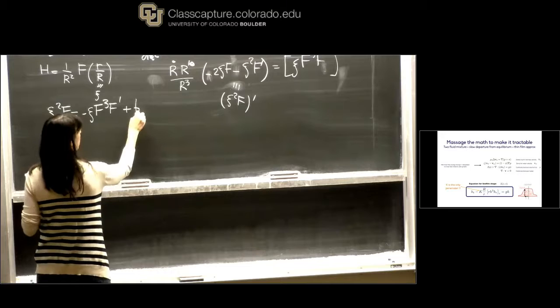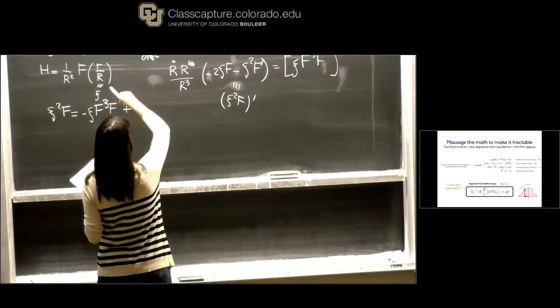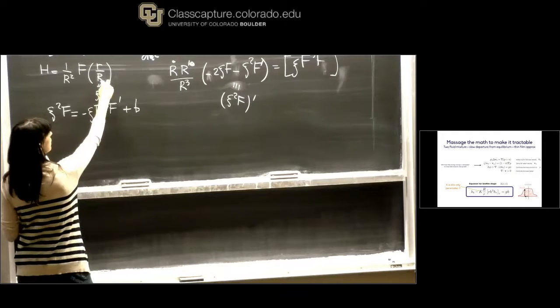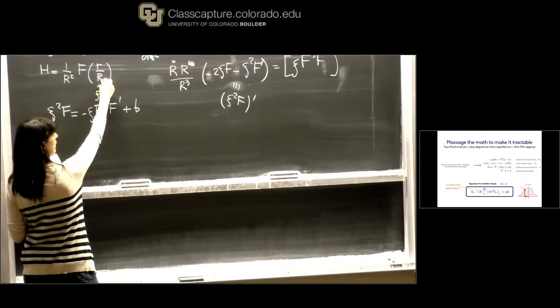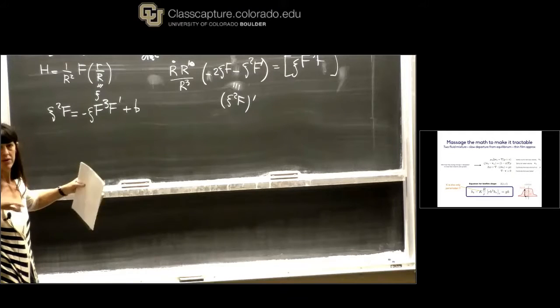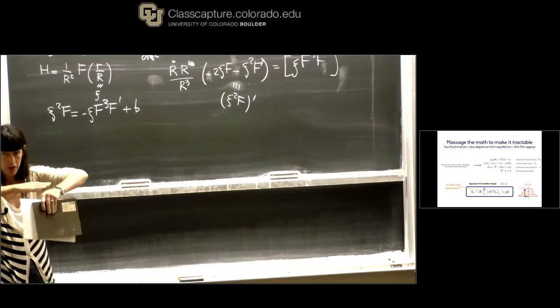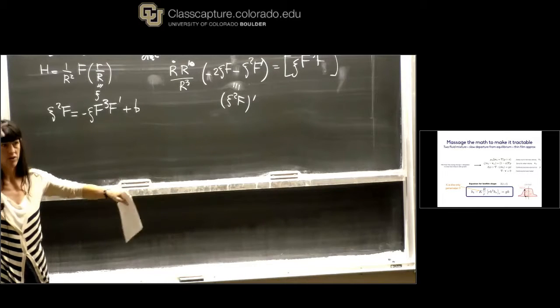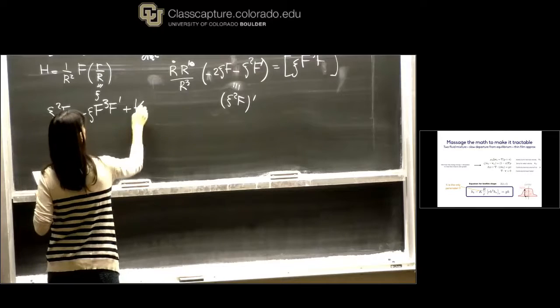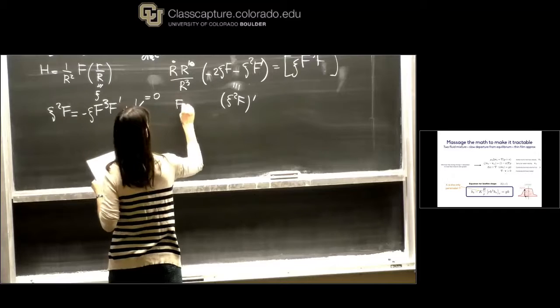And now we have to impose boundary conditions. When psi tends to 0, that means r is going to infinity. And that means that this f needs to go to 0, right? Because this is conserving mass. So as your psi goes to 0, means you're flat, completely flat, and your f goes to 0. So this is equal to 0 by boundary condition.